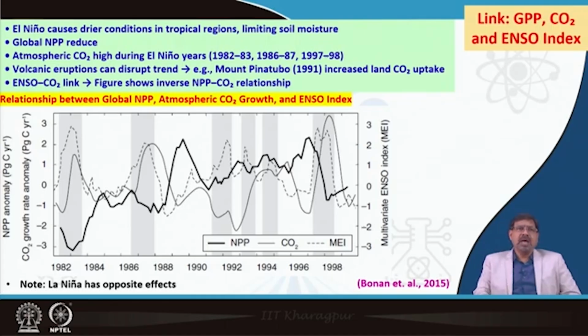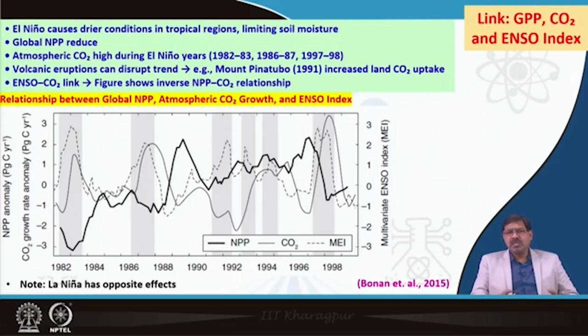The first point, El Nino causes drier conditions in tropical regions, so limiting the soil moisture. Over Australia and the southern Asian region, we find this kind of condition, and this leads to a decrease in the soil moisture.